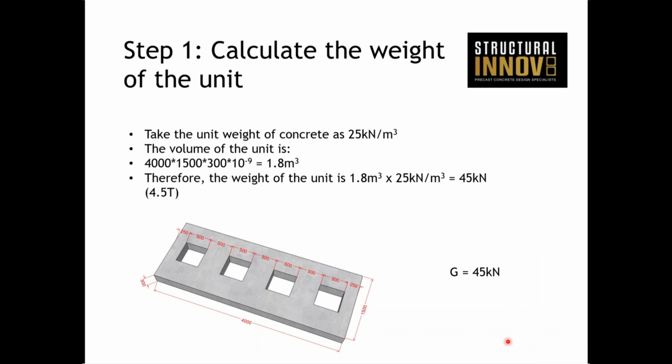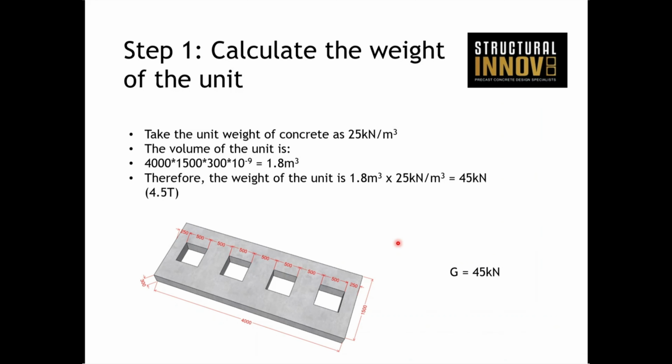We will account for the openings when we're calculating the capacities, but as the demand is a function of the weight, if we're slightly heavier than it actually is, we're on the conservative side. So we're just taking it as a rectangular object, 4 meters by 1.5 by 0.3, work out your volume, and then work out your unit weight from that. So 45 kilonewtons, 4.5 tons, is what this particular unit is.